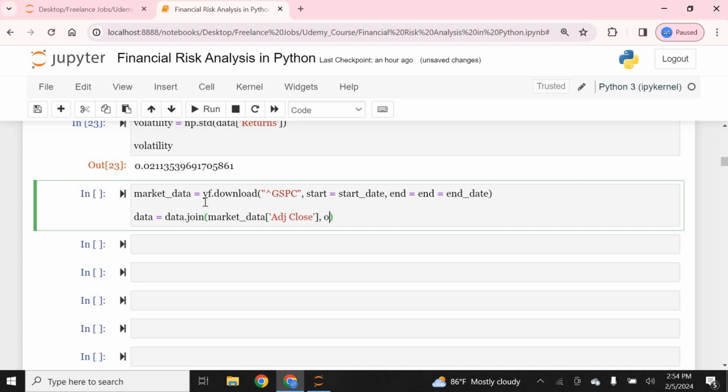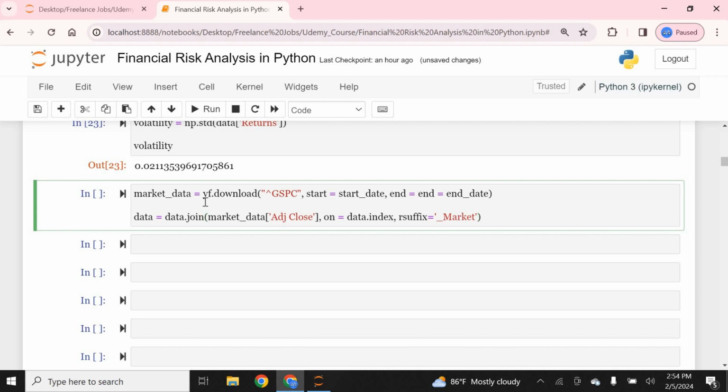Then we join them on the data index, since we use the same start date and end date. Then for us to be able to differentiate, let's add the suffix argument, so that it will add adjusted close, then market. You will see what I'm actually saying after we've gotten the data.